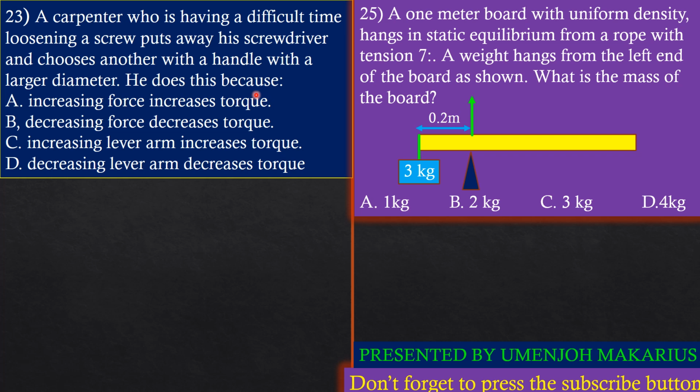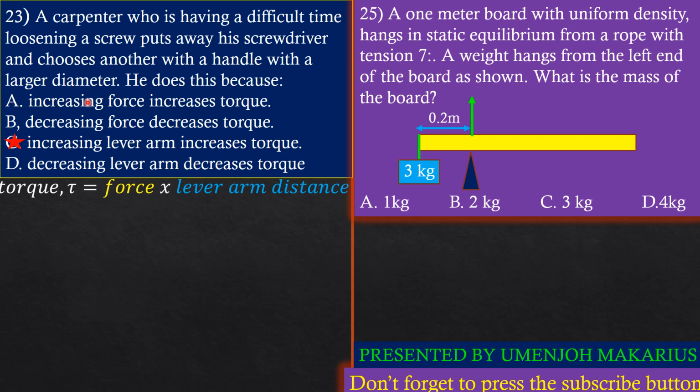Let's recall that the torque is simply given as the force times the lever arm distance. So in this case, friends, the answer has to be option C, because option C is saying that increasing lever arm increases the torque, because the one that has a much greater diameter simply is the lever arm distance that they are talking about here.